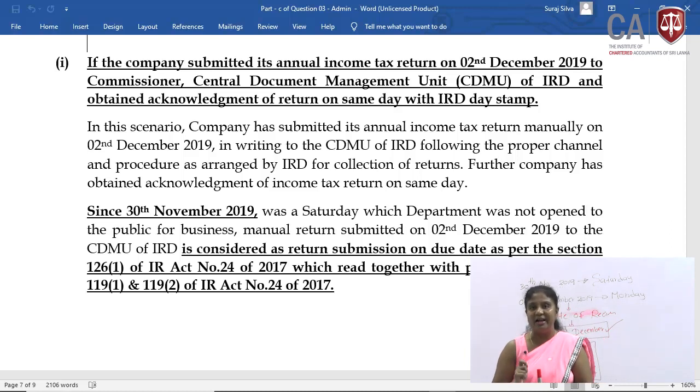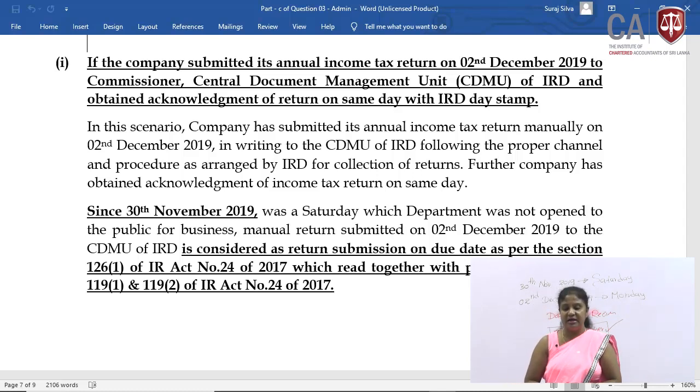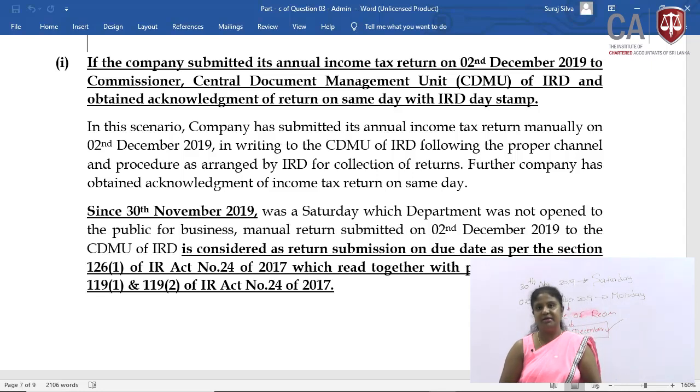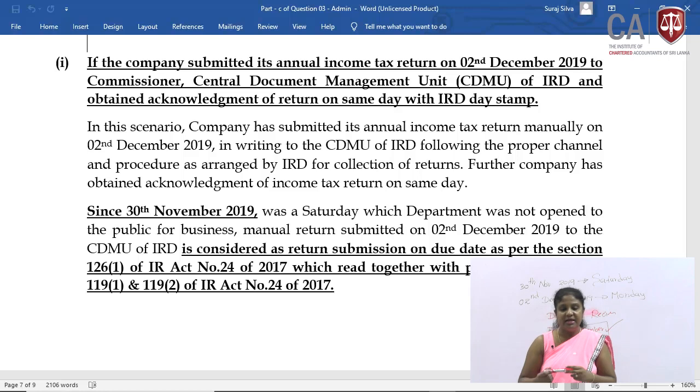What is the channel? Manual submission of the annual income tax return, and the procedure as arranged by IRD to collect the return. That means we handed it over to the CDMU, the particular unit, so our part is done. But on 2nd December, the company obtained the acknowledgement of the income tax return on the same day.